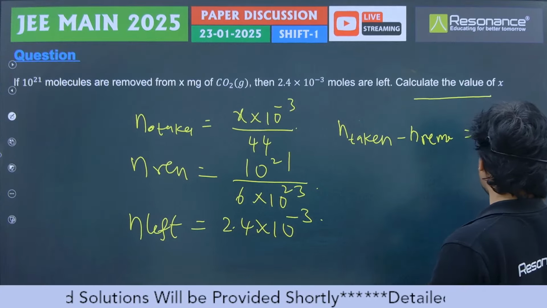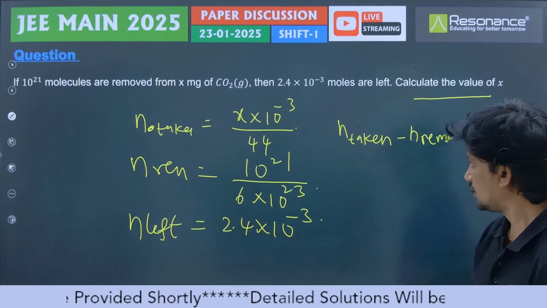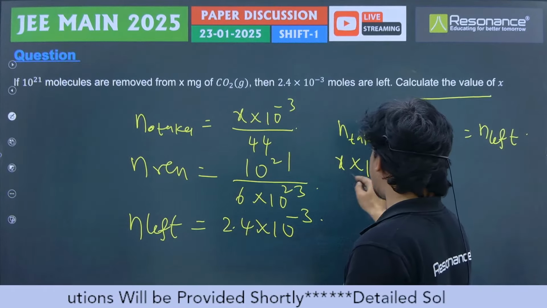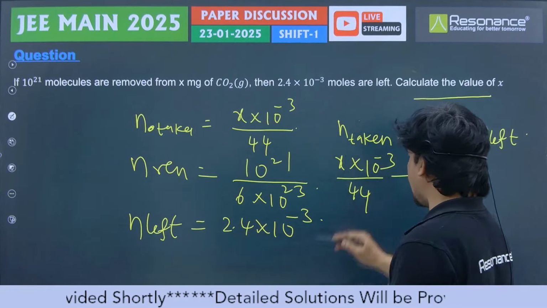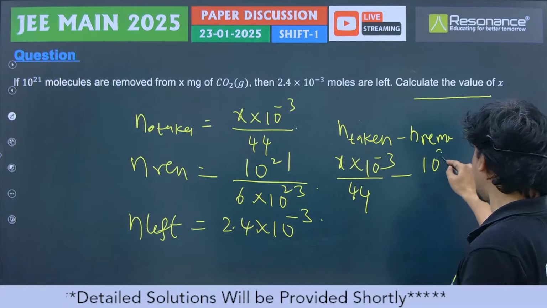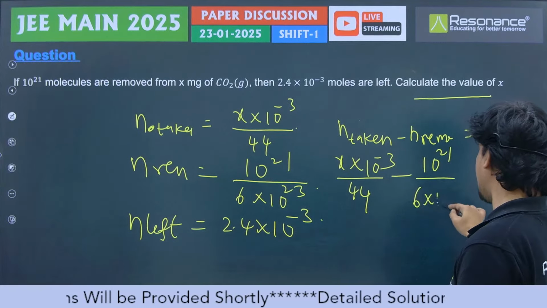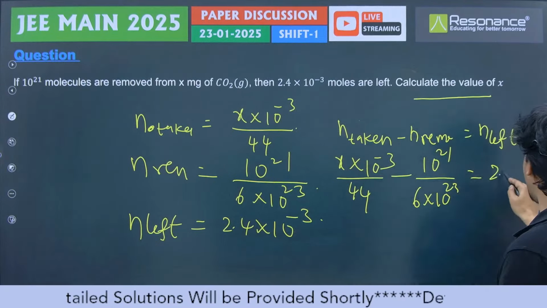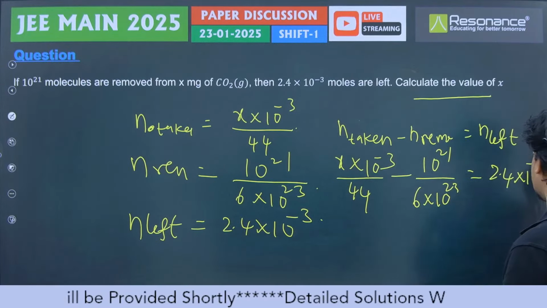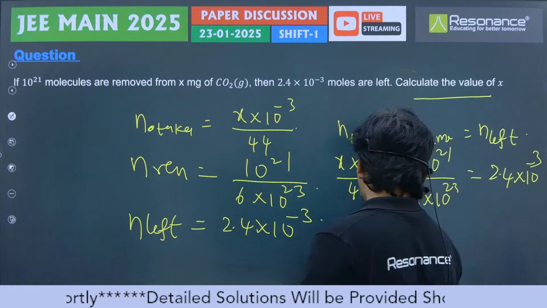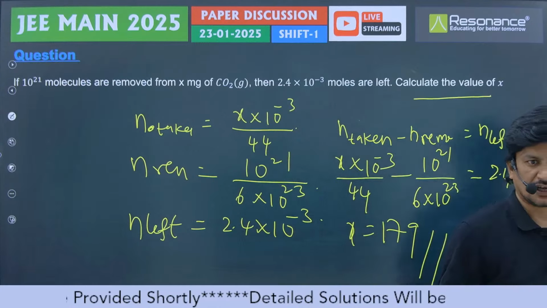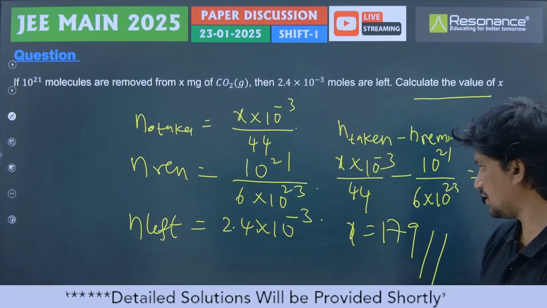Number of moles left. Then take the values and solve the problem. x into 10 power minus 3 by 44 minus 10 power 21 by 6 into 10 power 23 is equal to the number of moles left, 2.4 into 10 power minus 3. If we solve this problem, what is the answer? 179 milligrams. The correct answer is 179.